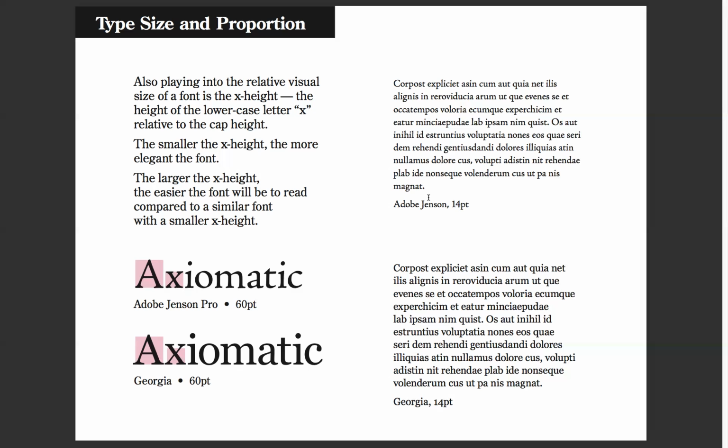So when you're picking fonts, sometimes you want it to look neater and cleaner and more open, and sometimes you just want it to be larger so it's easier to read.